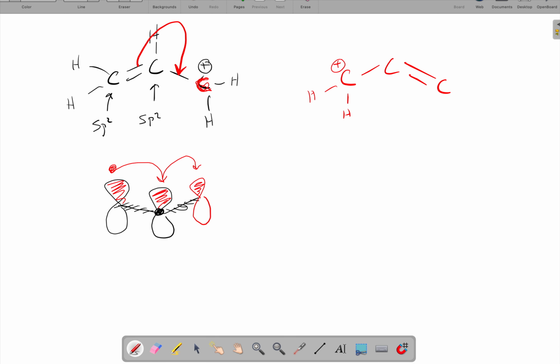Why can't the electrons jump anymore? They're not overlapping. If I go back, now they're in alignment. Now I can do resonance. Now I can do that happy electron dance. It can jump all the way across. So as long as I have those p orbitals left over on each of those carbons, I can do resonance.